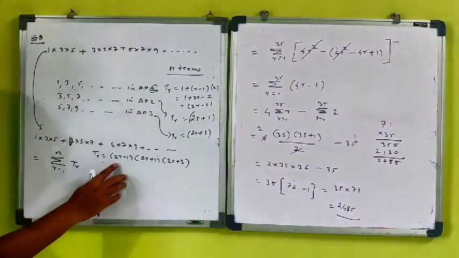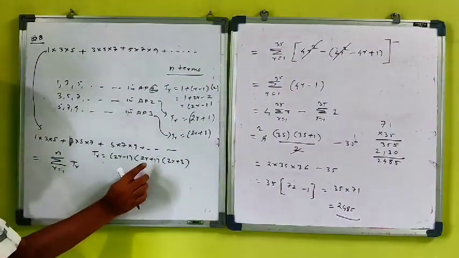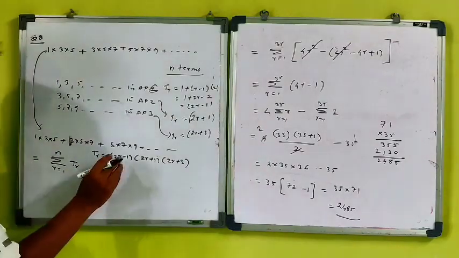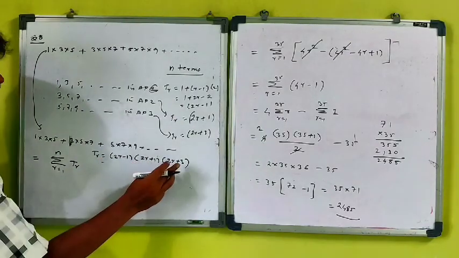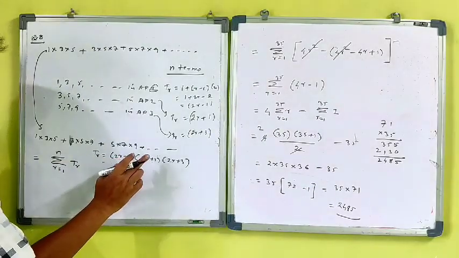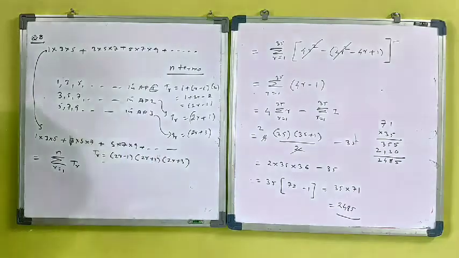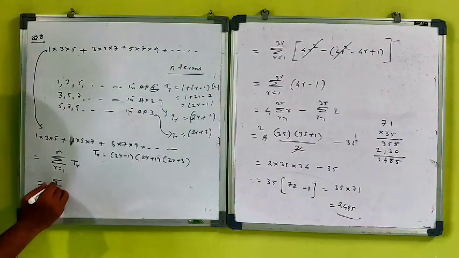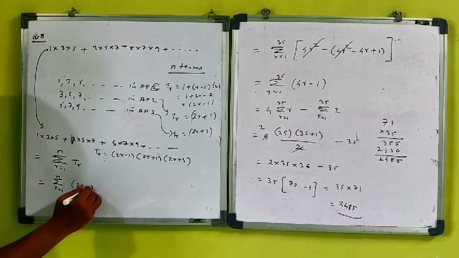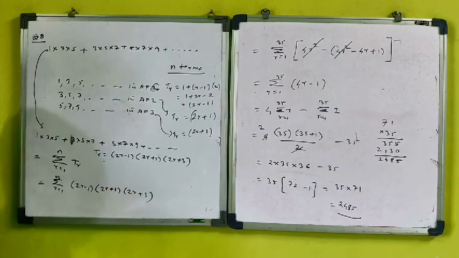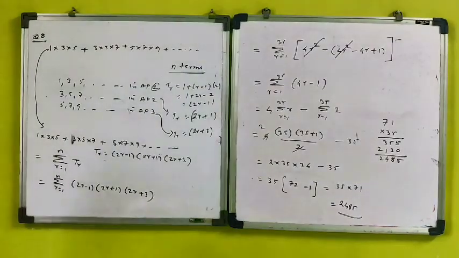Because if you put r equal to 1, you get 1, 3, 5. Put r equal to 2, 3, 5, 7. Put r equal to 3, 5, 7, 9. So like this, the sequence is matching. Therefore, it is sigma r from 1 to n, (2r minus 1)(2r plus 1)(2r plus 3), and then we have to evaluate this.